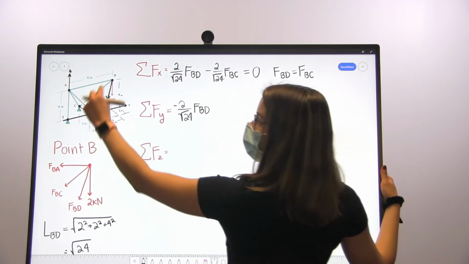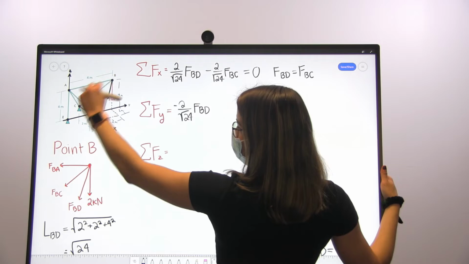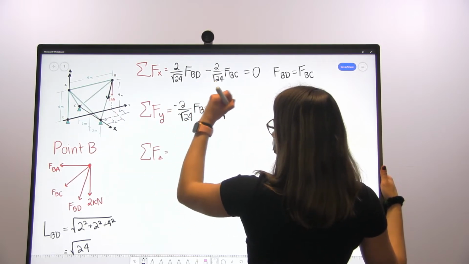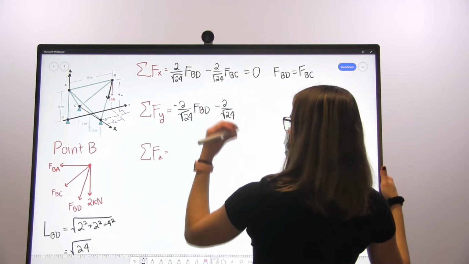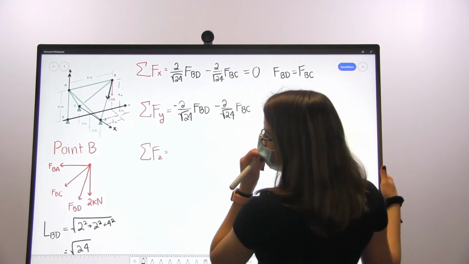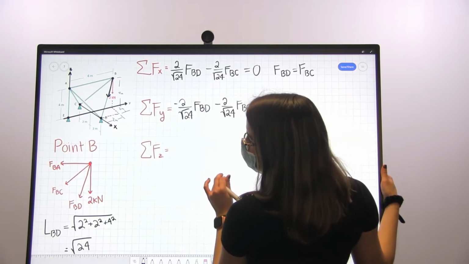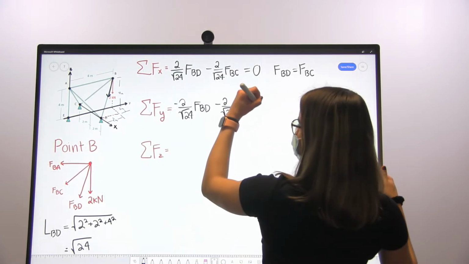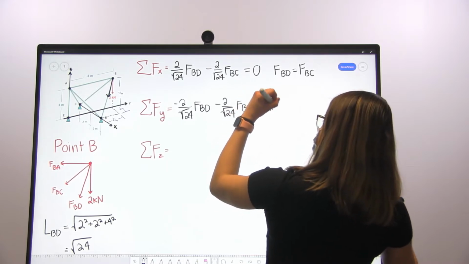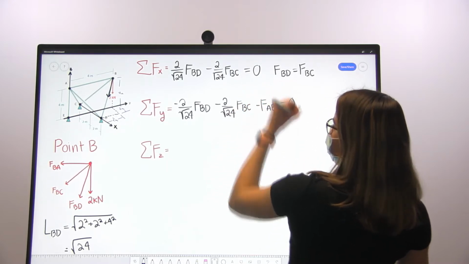Same case with the force in BC. It's in the negative y direction, since we're assuming tension. And then lastly, we have force AB, and all of that is equal to 0.